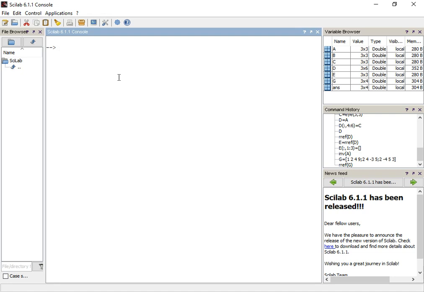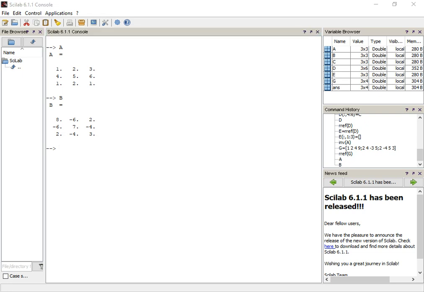Let me call matrix A what we have done in the previous session, that is 1 2 3 4 5 6 1 2 1, and the matrix B, that is 8 minus 6 2 minus 6 7 4 minus 4 2 minus 4 3. Now I want to find the eigenvalues and eigenvectors for these matrices, A and B.